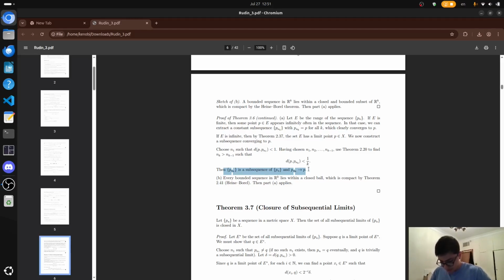Yes, okay, so it's a theorem that every neighborhood of P contains infinitely many points of E.